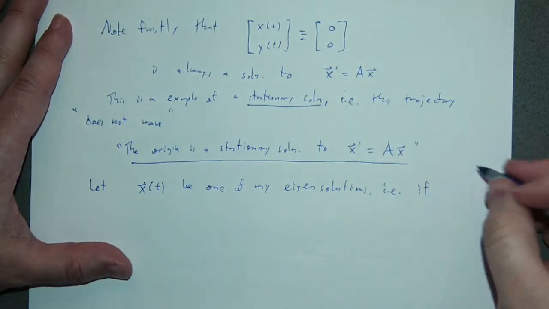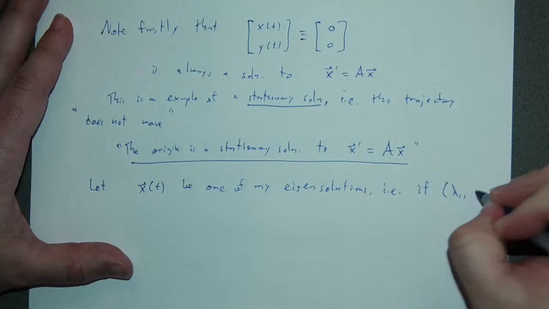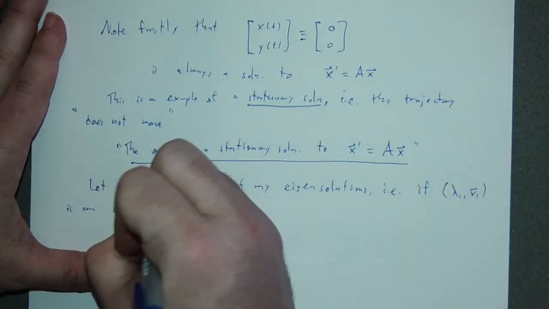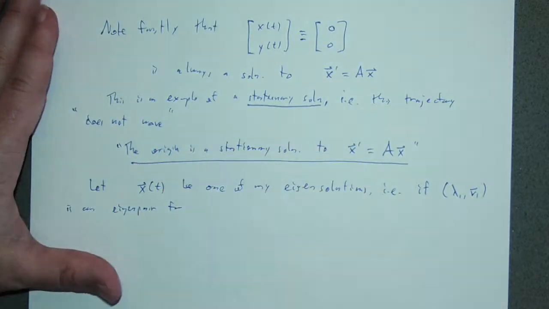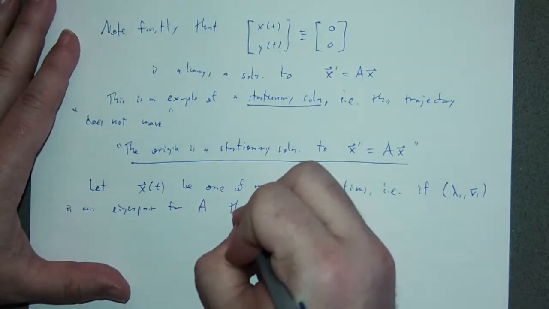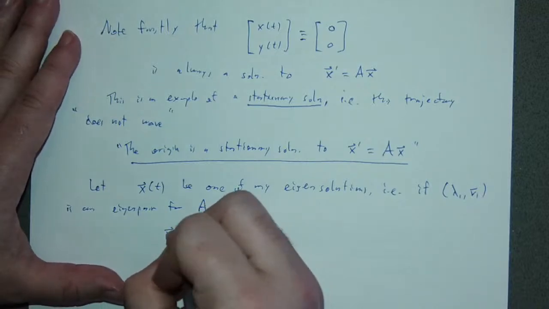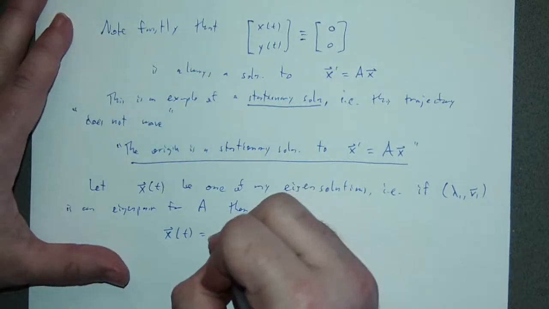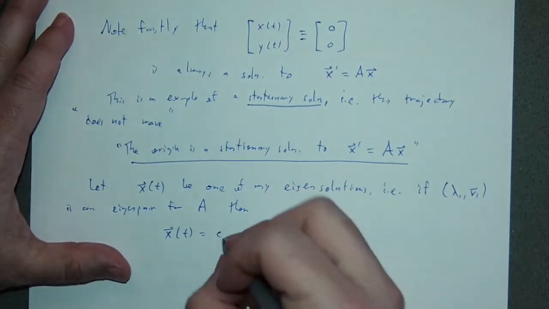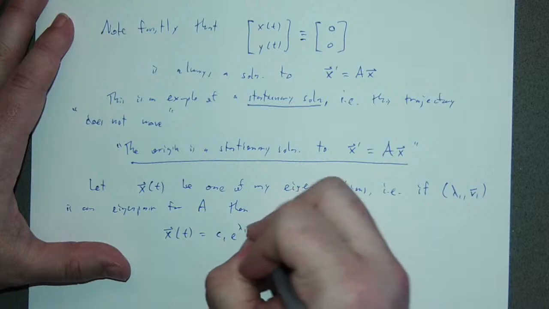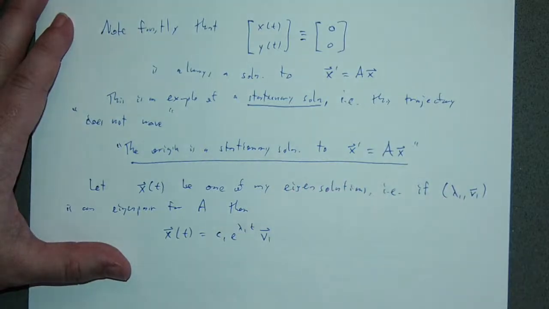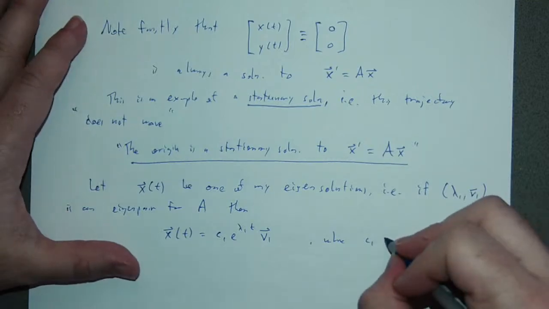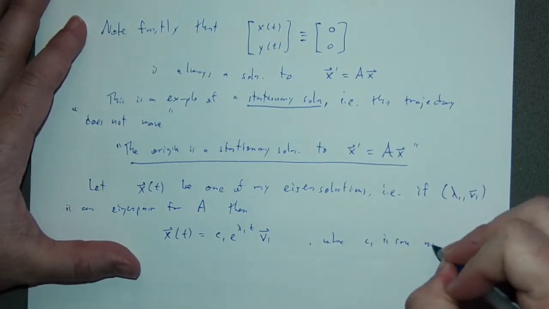That is, if lambda 1, v1 is an eigenpair for A, then we know that this solution takes the form c1 e to the lambda 1 t v1, where c1 is some non-zero scalar.